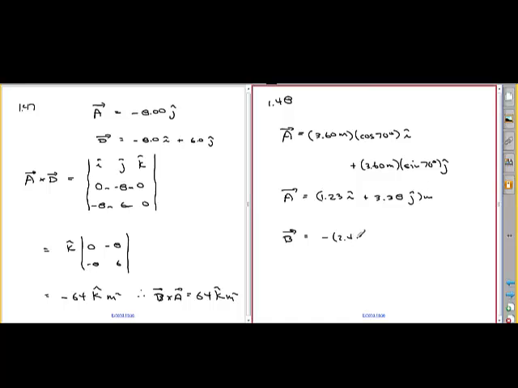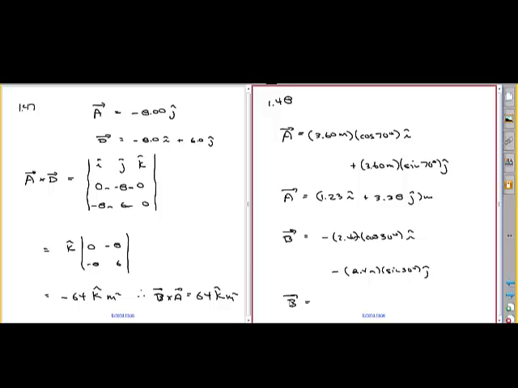Okay, so you get 2.4 meters times the cosine of 30 degrees times i hat, and then the second one is negative 2.4 meters times the sine of 30 degrees times the j vector.